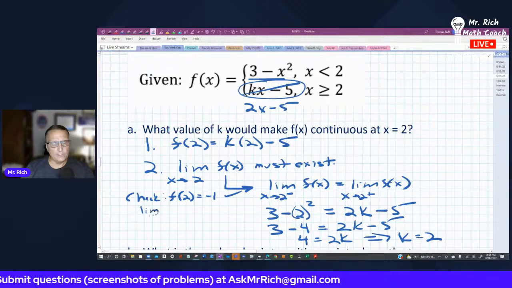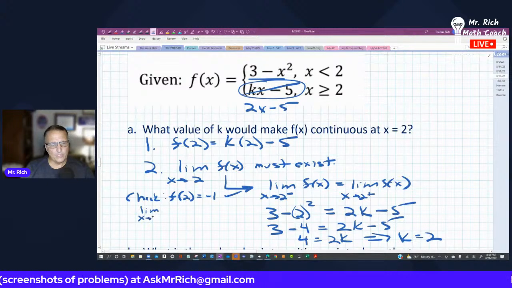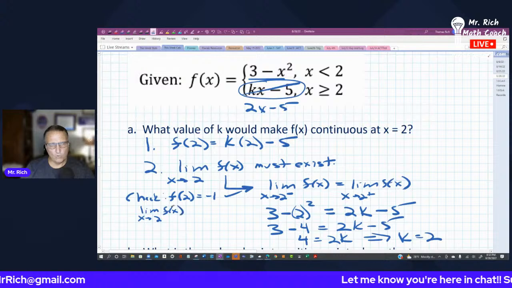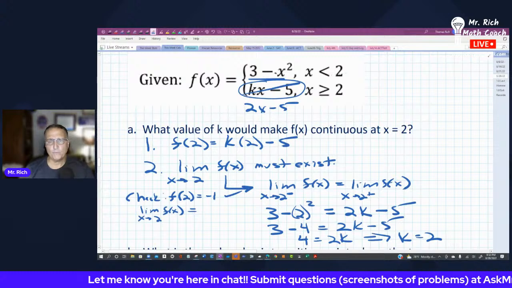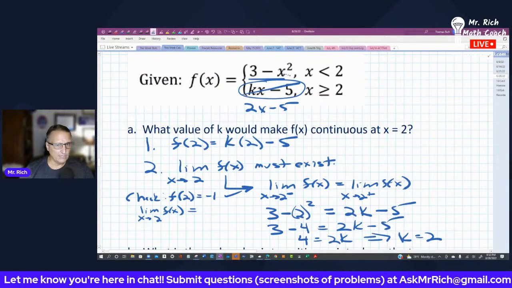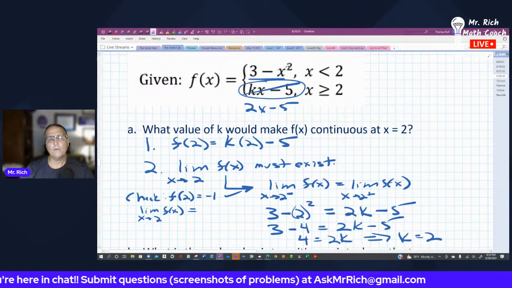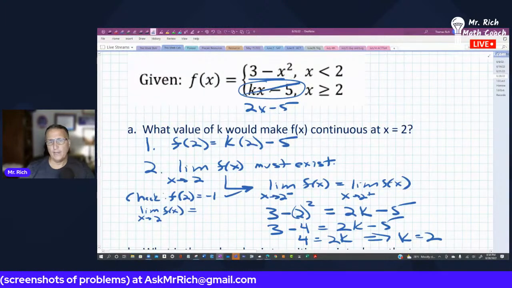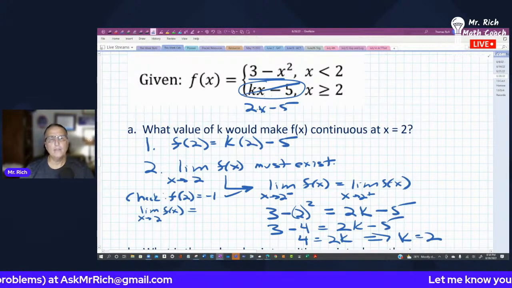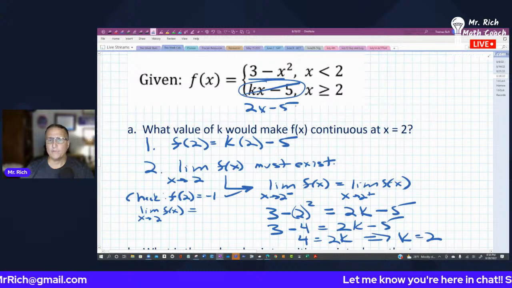Now, does the limit as we approach 2 exist? Well, if it's a piecewise function, I've got to check both the left-hand and right-hand. If we check the left-hand, which would be this one, when x is 2, I get 3 minus 2 squared, or 4, which is -1. And if I check it from the right-hand, it would be 2 times 2 minus 5, which is also -1.